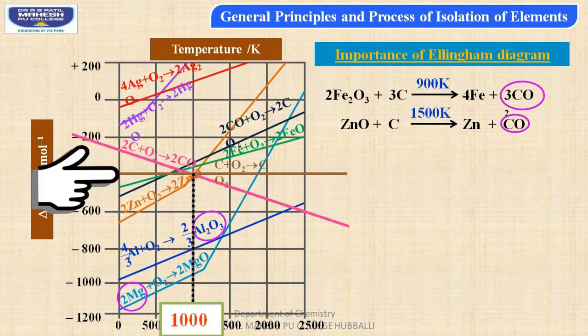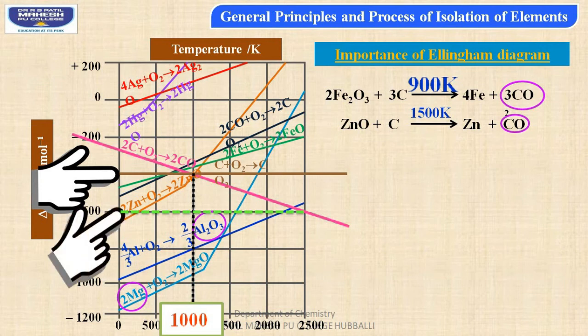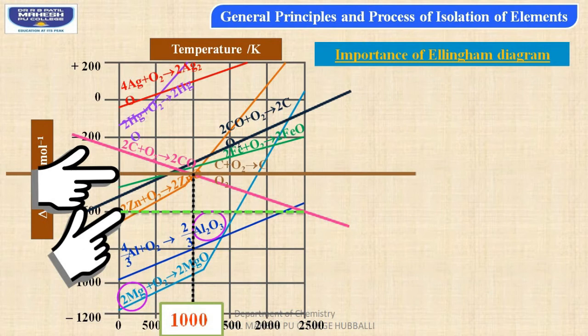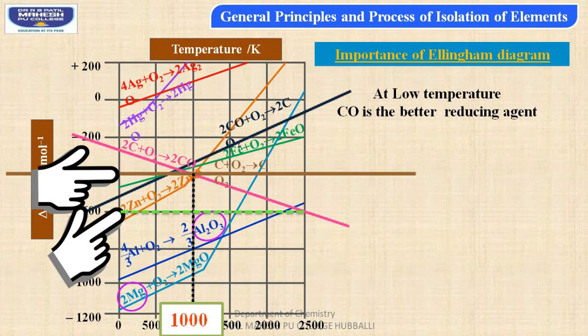And from the Ellingham diagram, students, it is clear that for the formation of carbon dioxide 900 Kelvin is required, and for the formation of carbon monoxide it requires 1500 Kelvin. Thus, students, at lower temperature, carbon monoxide acts as a good reducing agent.